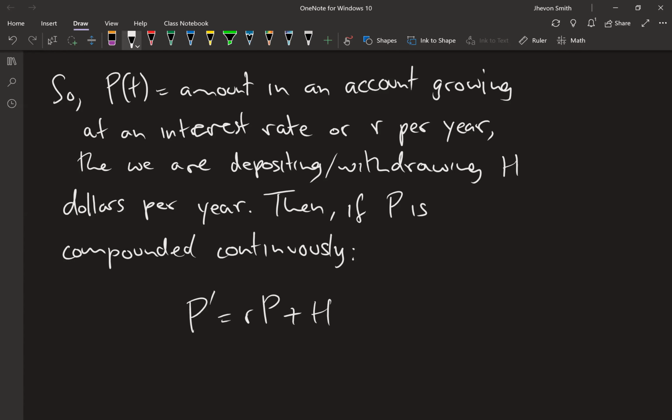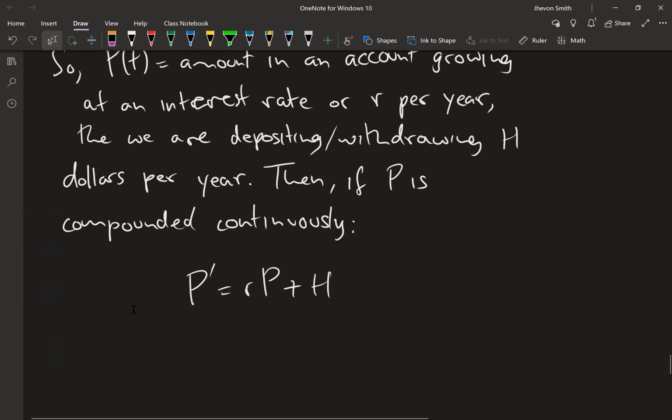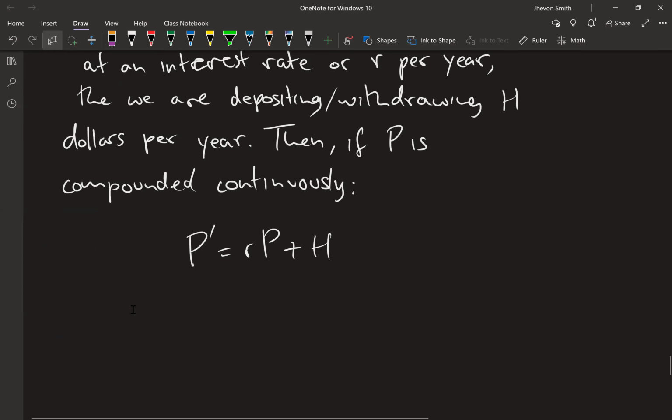And this you can figure out by actually using the compound interest formula and taking the limit of that formula as n goes to infinity, where n is the number of times compounded per year. So another question that I could ask is something like, okay, there's money in an account. It's growing at, say, 5% interest compounded continuously.